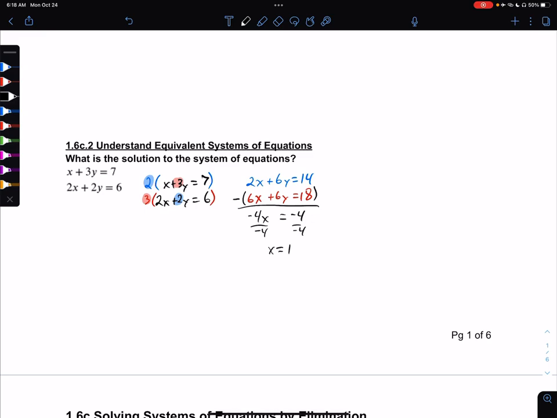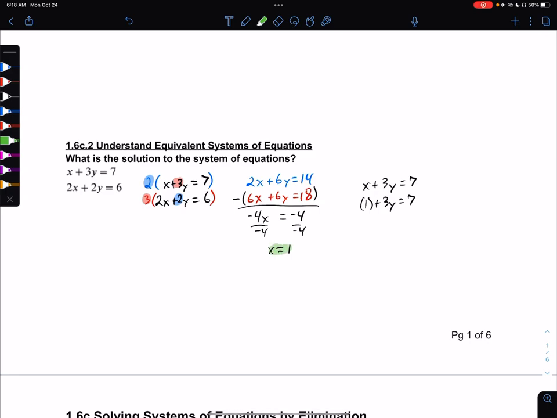Now that we know what x is, we're going to substitute. You can choose any of the four equations, but I'm going to go with the first one because it looks the easiest. So x plus 3y equals 7, and I'm going to substitute x to be 1.